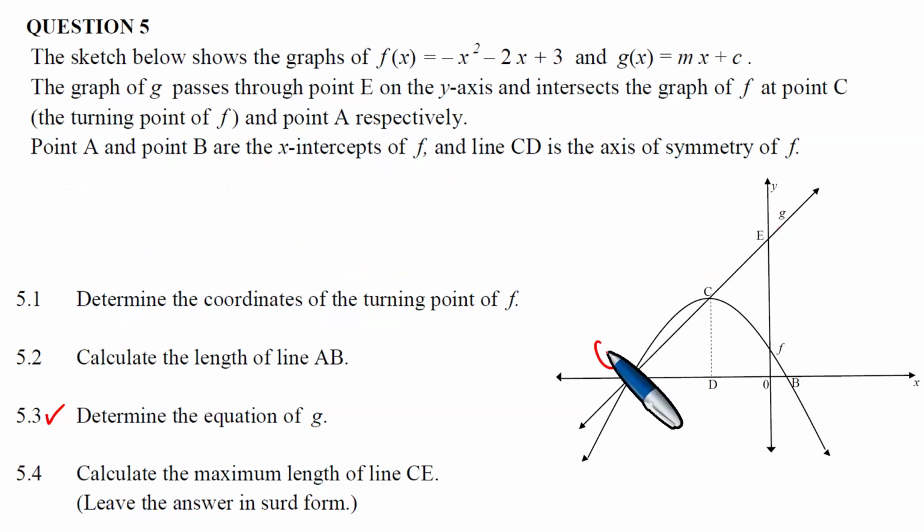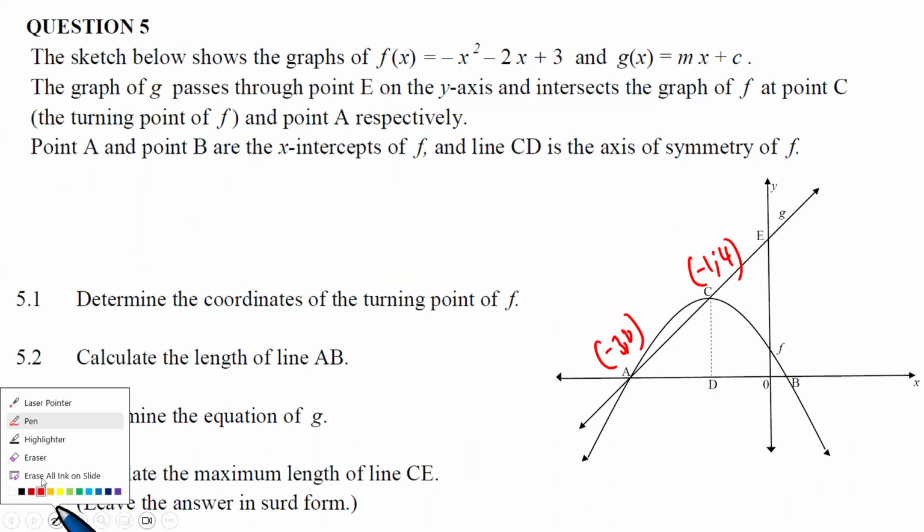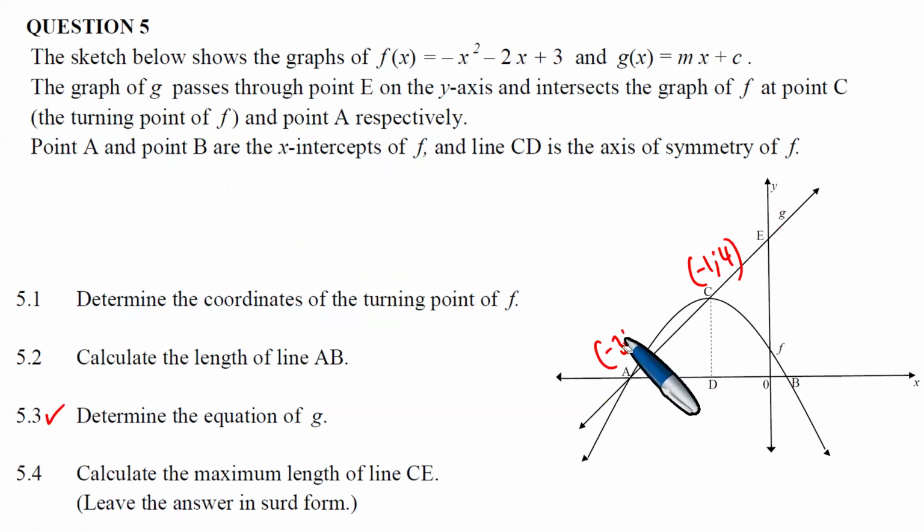You already know the coordinates here, -3 and 0. And you already know this one has the coordinates -1 and 4. Obviously, this one here is -3 and 0.